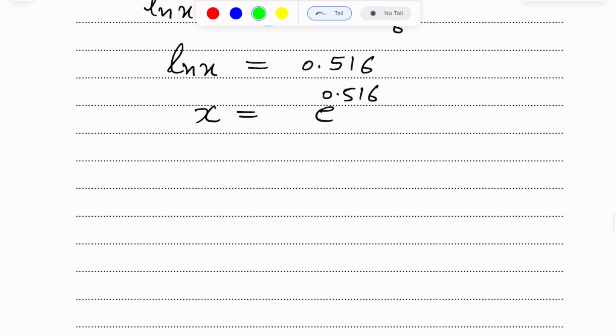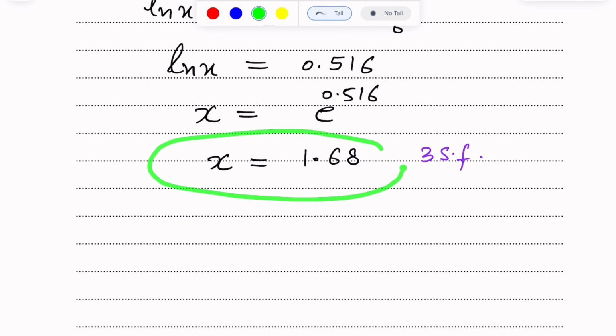Finally, calculating this, we get the answer x is equal to 1.68 correct to three significant figures. This is the answer. x is equal to 1.68.